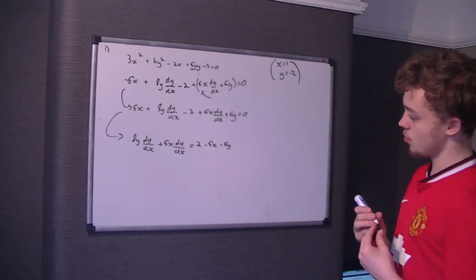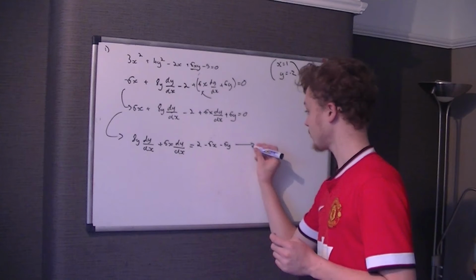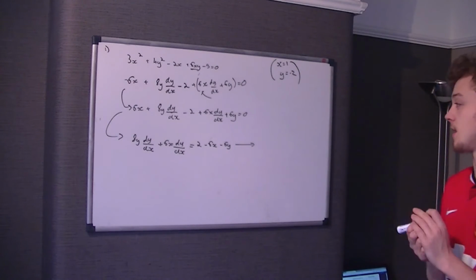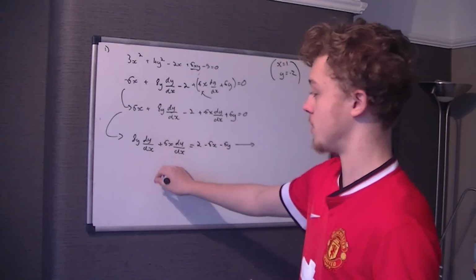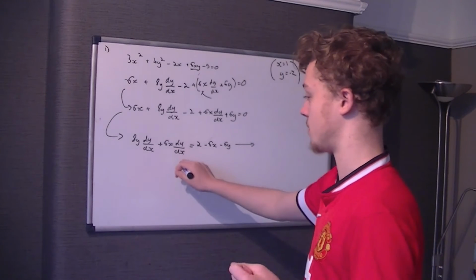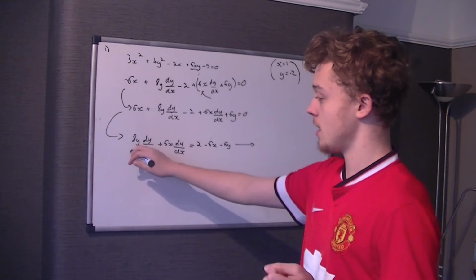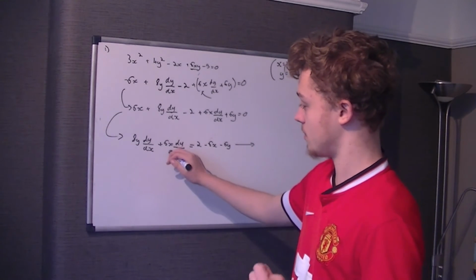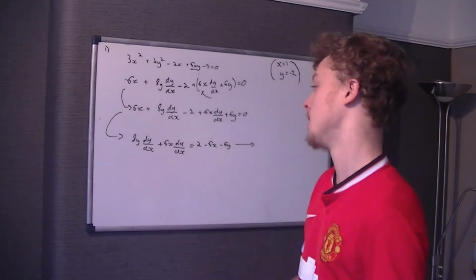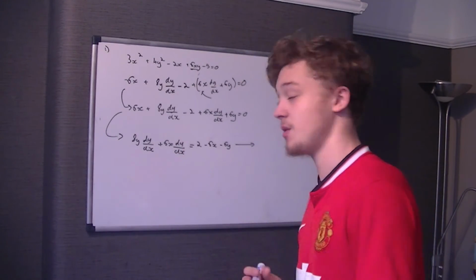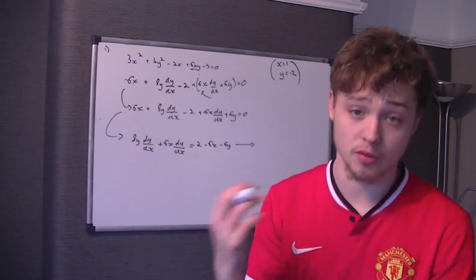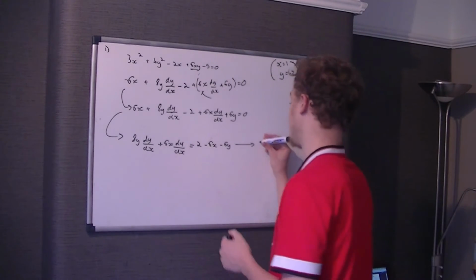Alright, so the next thing we would do, that's why occasionally you can skip the step out. Because this is 8y times dy/dx and 6x times dy/dx, you take out dy/dx as a common factor, purely because we want dy/dx to be the subject, obviously.